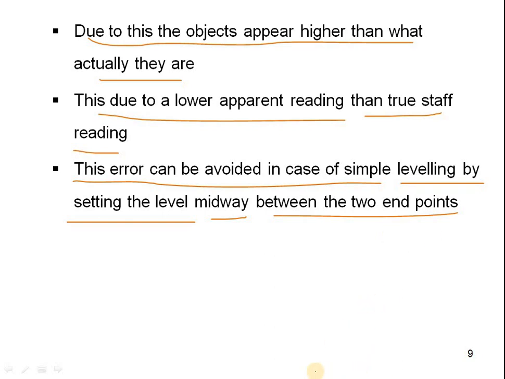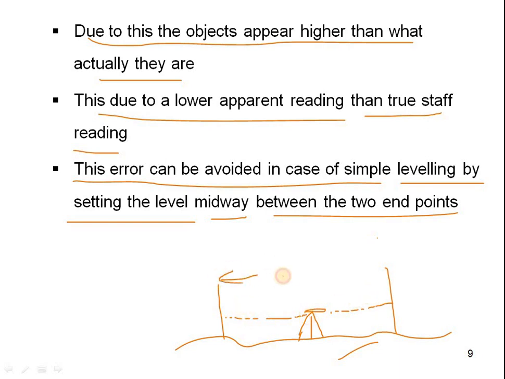That means we can keep the instrument between the two points, on the ground. We keep the instrument at the center point, and we take one reading here and another one there. We take one as backsight (BS) and another as foresight, so that we can avoid the error between the distance of these two points, and this is known as A and this is known as B.